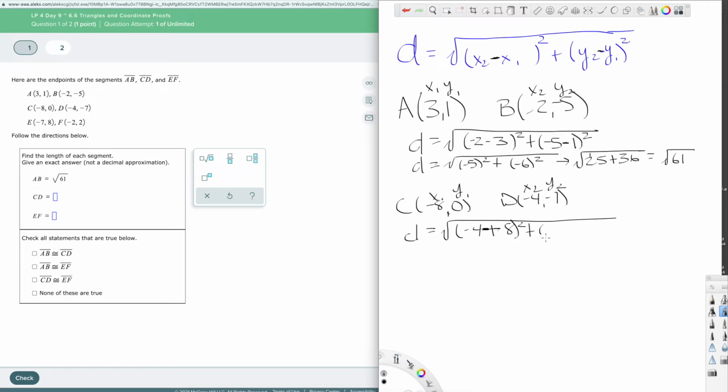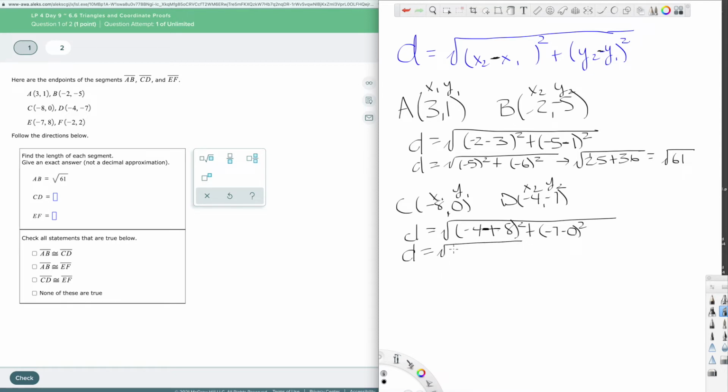Plus, now we have y2 minus y1, which is 0, squared. So I have D equals -4 plus 8 is +4 squared plus -7, and I just realized I wrote that really big, so I'm going to take that back a little bit.